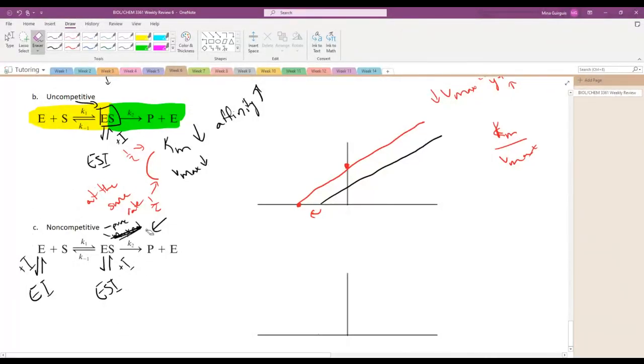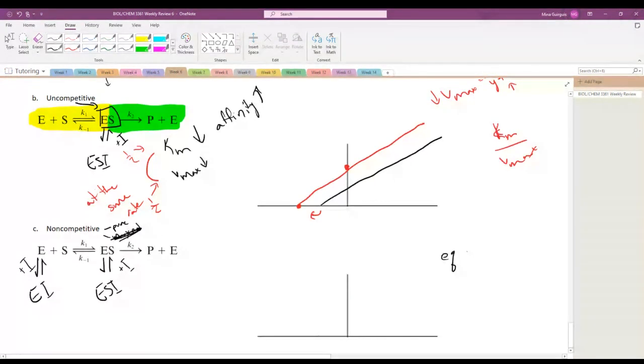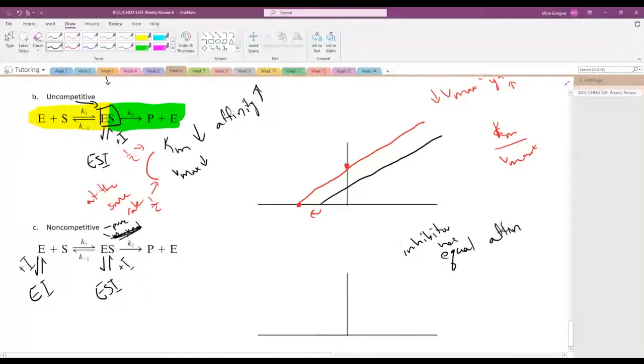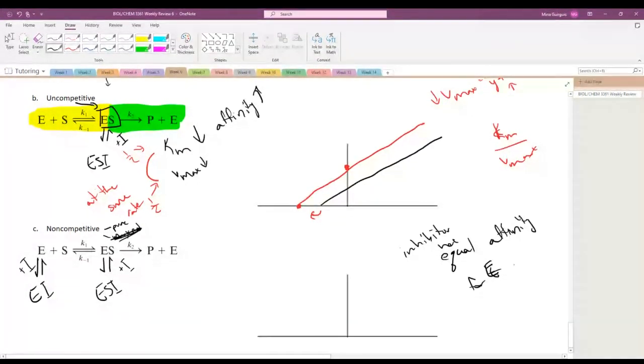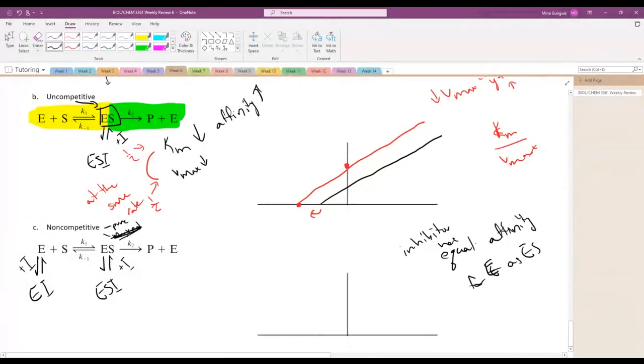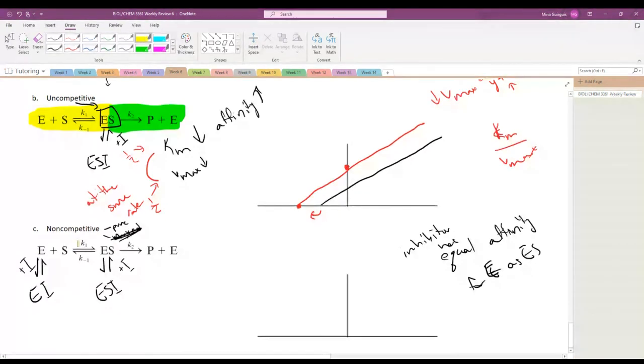When we talk about pure non-competitive, the inhibitor has equal affinity for enzyme as enzyme substrate complex. When you have those mixed non-competitive, they have maybe more of an affinity for the enzyme or more of an affinity for the complex. It gets really complicated, so we ignore it. That's like grad level stuff.